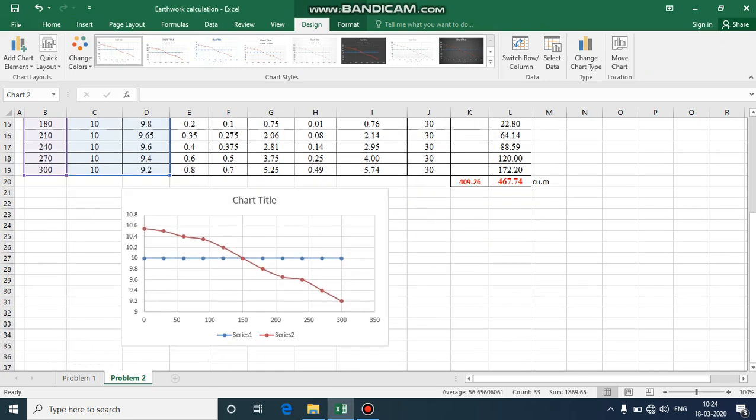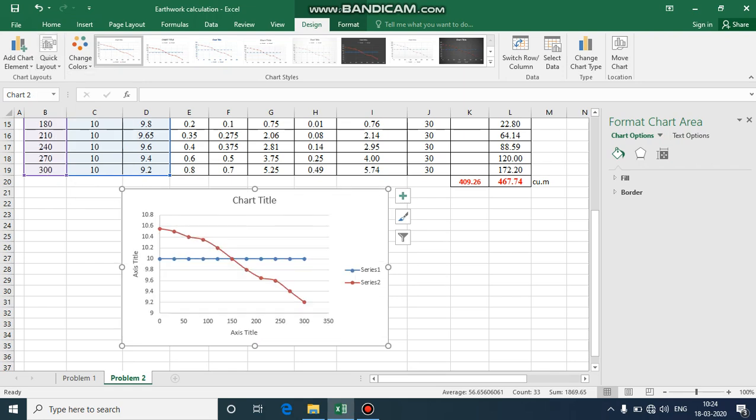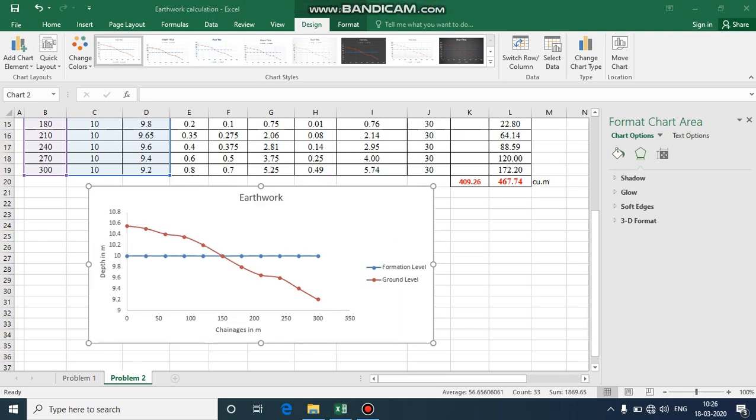I have obtained a graph for which I have to name the legends. Here I have plotted a graph between chainages, formation level and ground level. This is the part where I have to cut the soil. This is the part where I have to fill the soil.